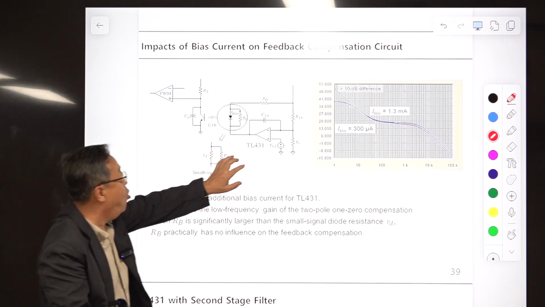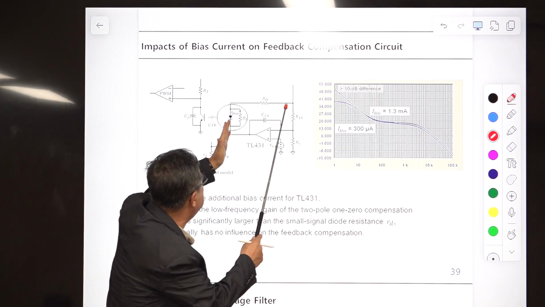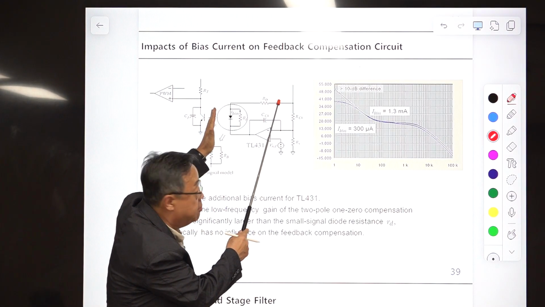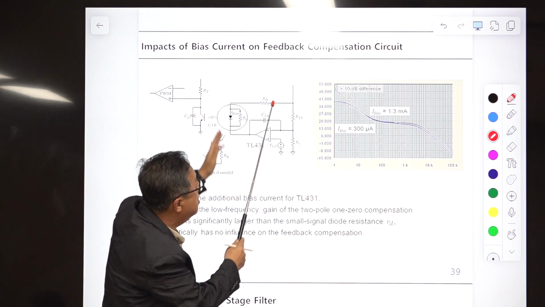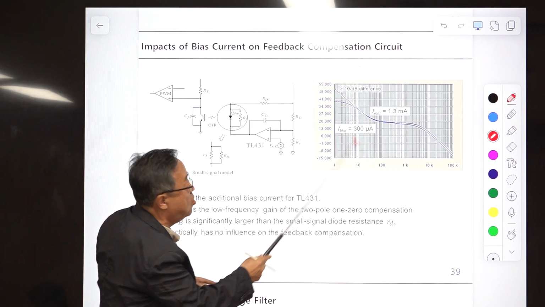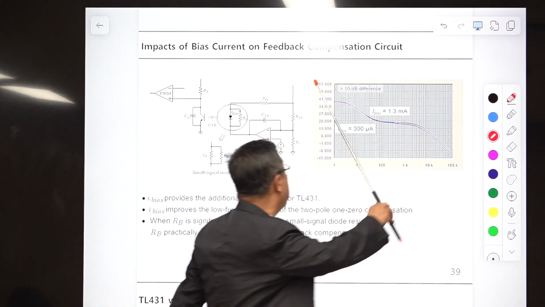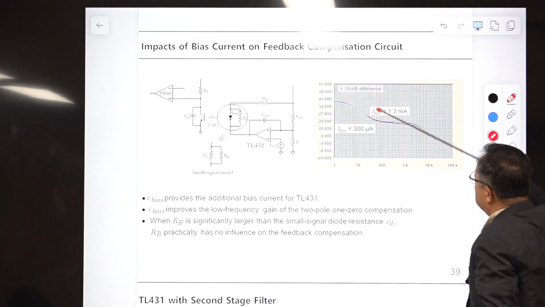I'm not talking about the open-loop transconductance of this. I'm talking about the transfer function from here to there. This is also transconductance because the input is voltage and the output is current. And for the regular 2-pole 1-zero, you have 1 pole at the origin, an integrator. You have a zero here. You have another pole.